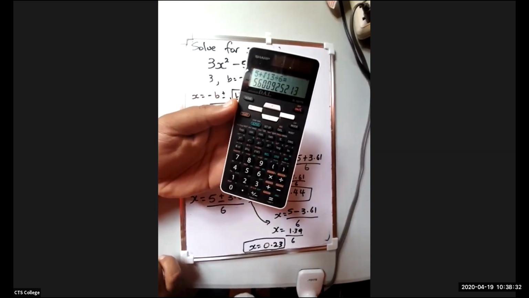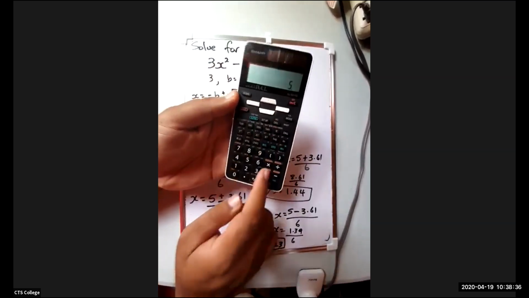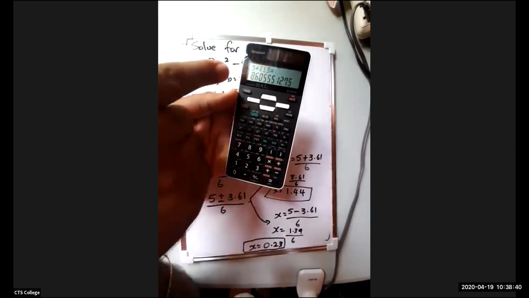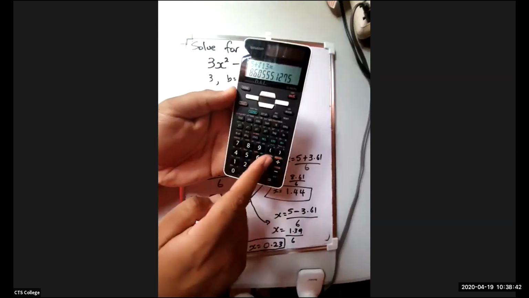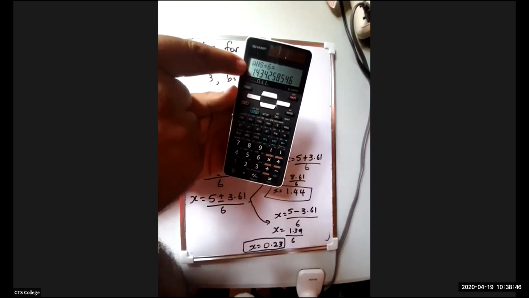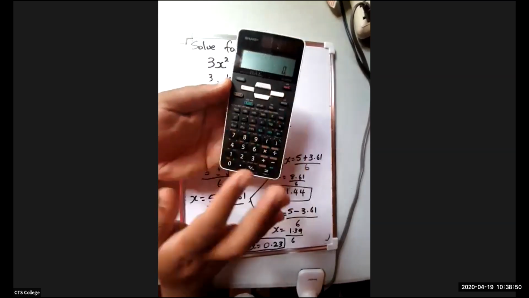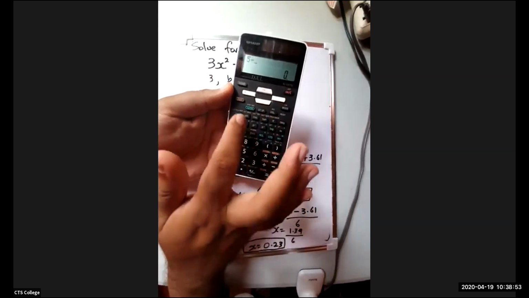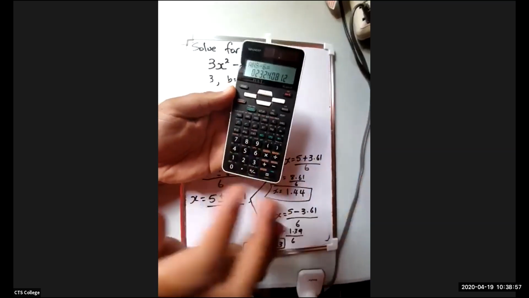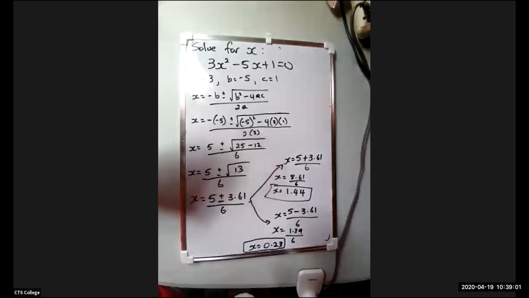What you have to do is work on the top first: 5 plus the square root of 13 equals 8.6 something. Then press divided by 6, and you get the answer. Do it in steps. Then 5 take away the square root of 13 equals, then divided by 6, and you get 2.3. Okay, thanks, sir. No problem.